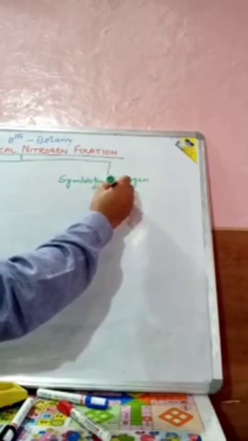So this biological nitrogen fixation can be discussed under two headings: non-symbiotic nitrogen fixation, and the second one, symbiotic nitrogen fixation. Now what happens in this non-symbiotic nitrogen fixation?